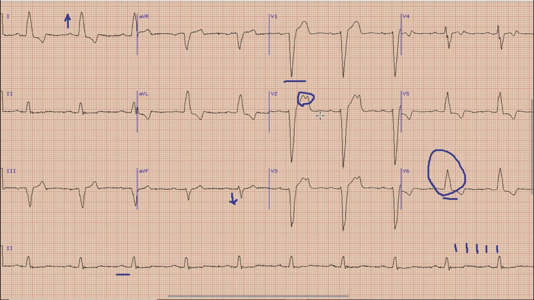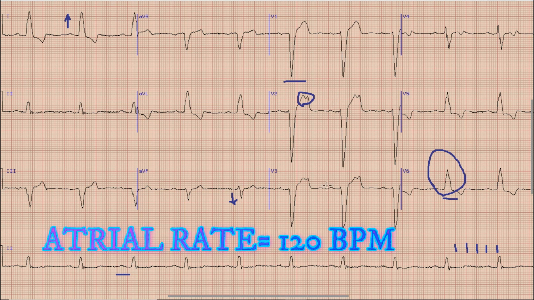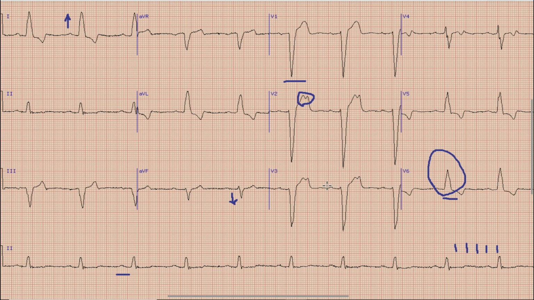This P wave is not followed by a QRS complex, while the next P wave is conducted and is followed by a QRS complex. So the rate at which the P wave is coming is about 120 beats per minute. So this is basically a sinus tachycardia at a rate of 120 beats per minute with 2 into 1 AV block.